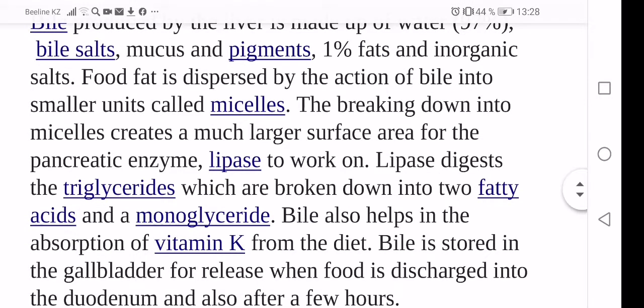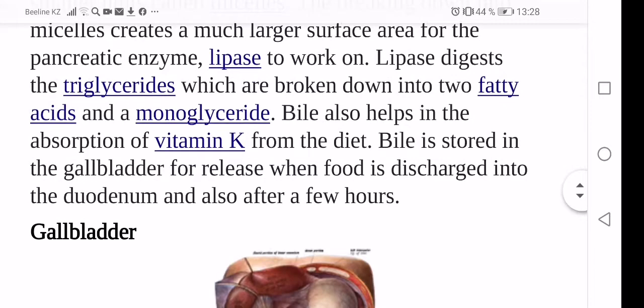The breaking down into micelles creates a much larger surface area for the pancreatic enzyme lipase to work on. Lipase digests the triglycerides, which are broken down into two fatty acids and a monoglyceride. Bile also helps in the absorption of vitamin K from the diet.